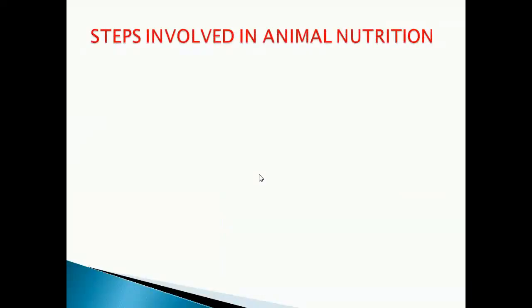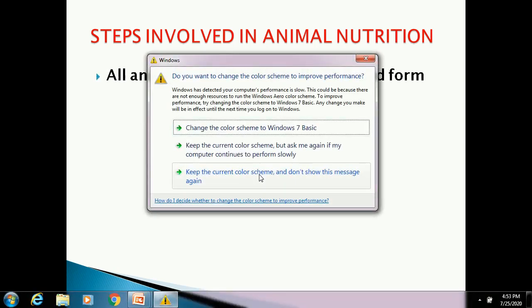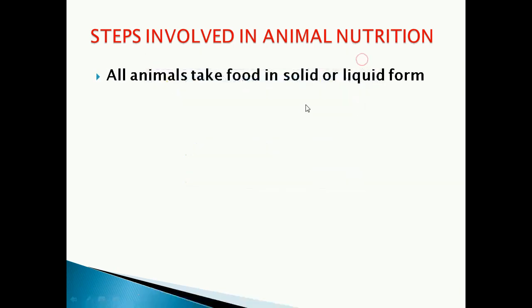Now we are going to see about the steps involved in animal nutrition. So what mode of nutrition takes place in animals? Heterotrophic nutrition. So now we are going to see the steps involved in animal nutrition. All animals, you know, will take food in solid form or liquid form.